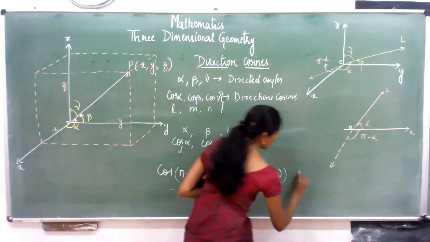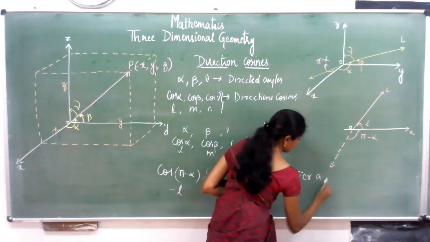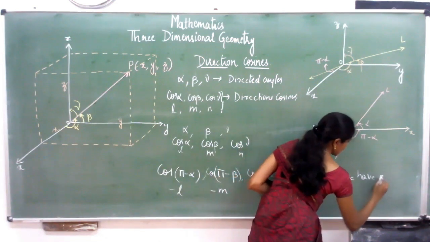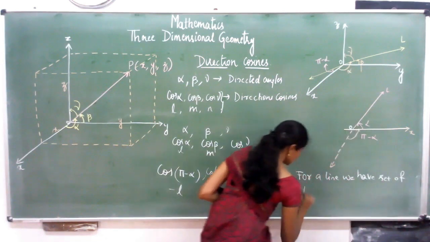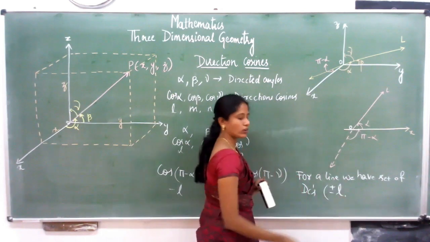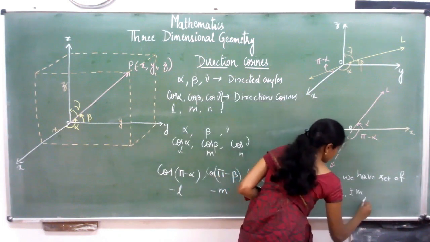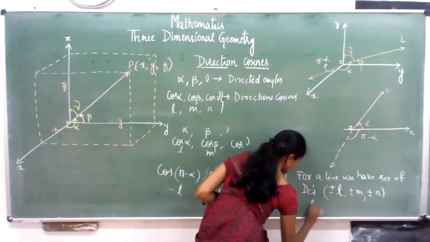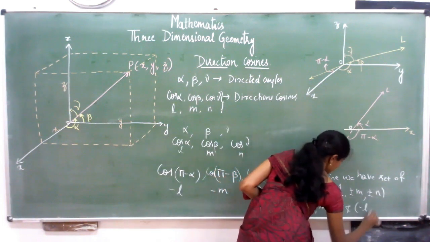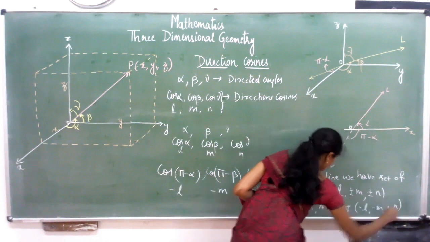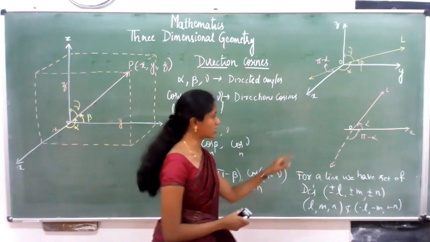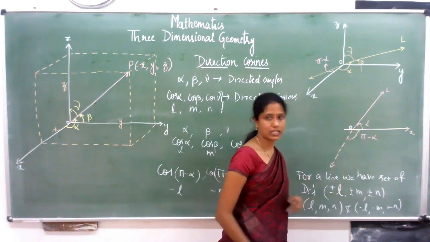So remember, for a line we have a set of direction cosines, that is plus or minus L, plus or minus M, plus or minus N, or you can take it as L, M, N, and also minus L, minus M, minus N. Why? Because the line L is making two angles, one is alpha and one is pi minus alpha.